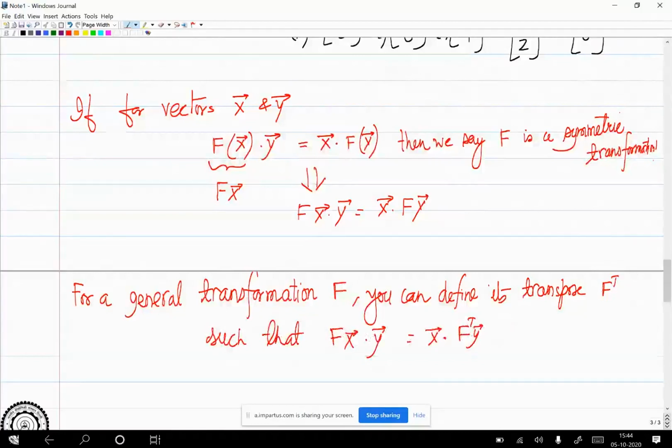So this is for a general transformation, but if the transformation is symmetric, then f transpose is same as f.